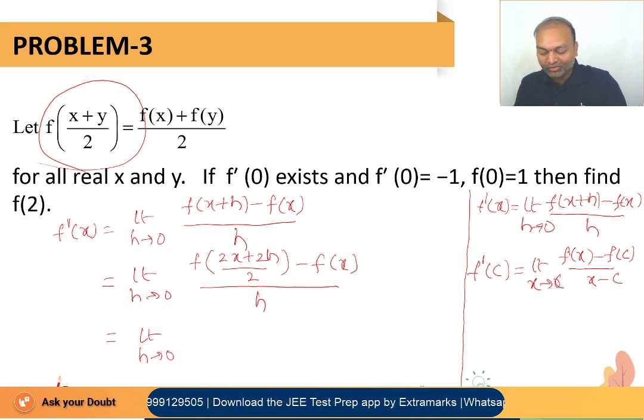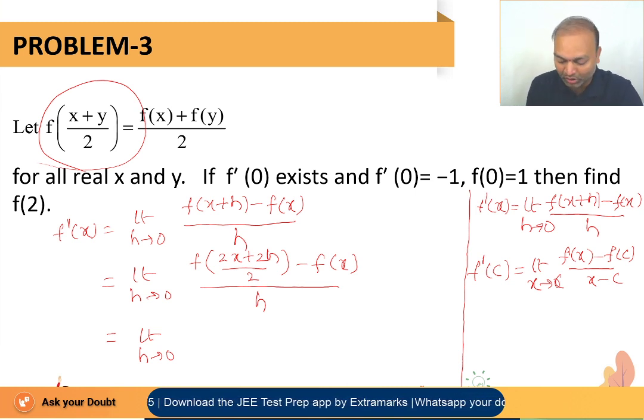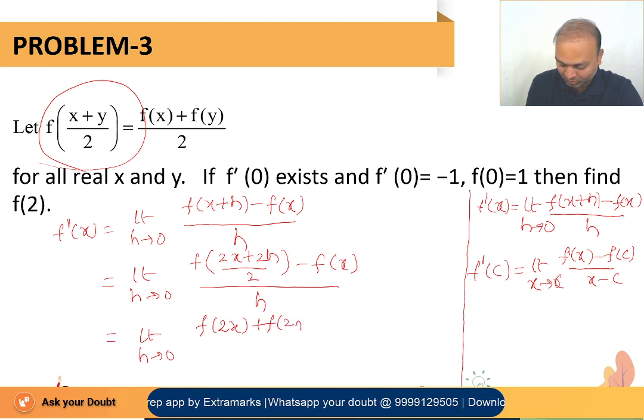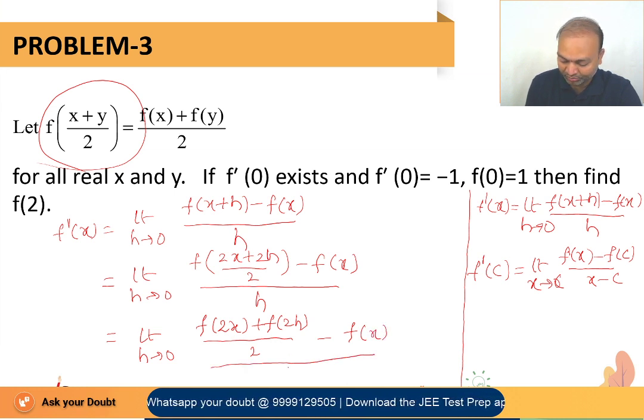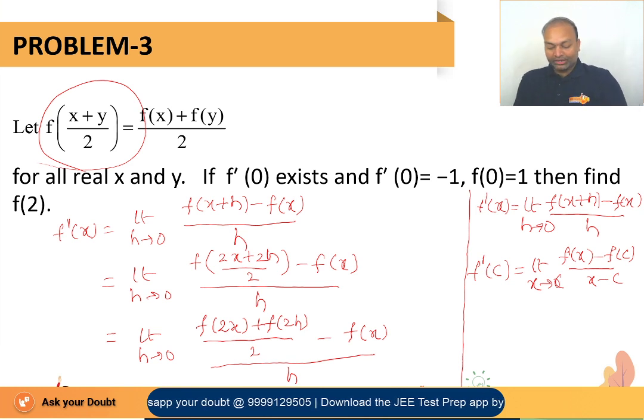It is in the form of f of (x plus y) by 2. Now apply this formula: f of 2x plus f of 2h, by 2, minus f of x, whole divided by h. Okay, right.